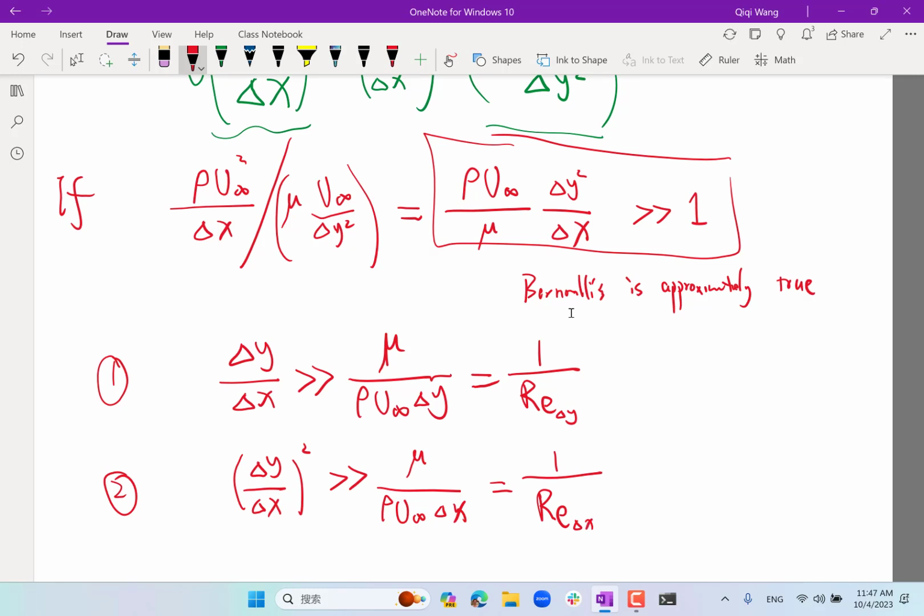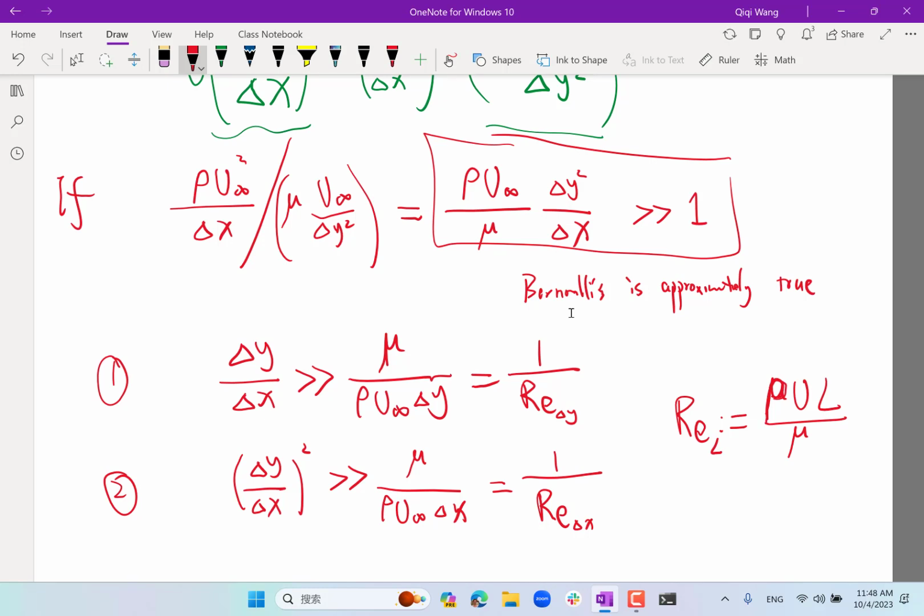Right? The Reynolds number is density times velocity times a certain length scale divided by viscosity. So that's the definition of Reynolds number in general, right? So Reynolds number defined with respect to a certain length is rho u l divided by the viscosity.